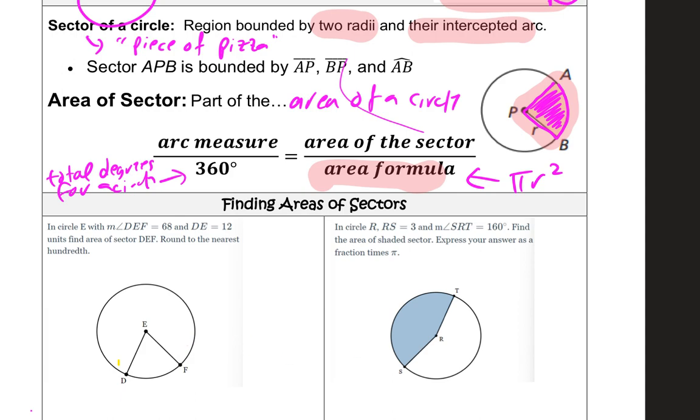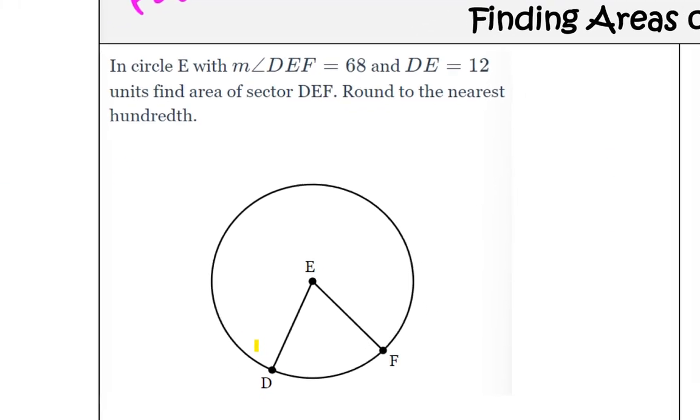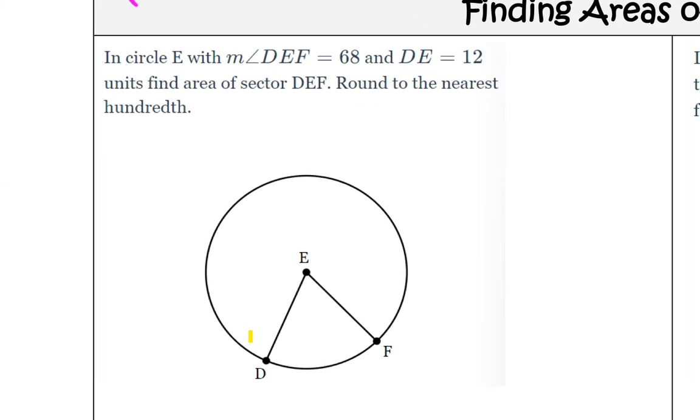So let's get right into some practice problems. I think you got it from here. It says in circle E, so this is E, that circle. The measure of angle DEF is 68, and DE is 12. DEF goes from D to E to F, so that angle is 68 degrees.